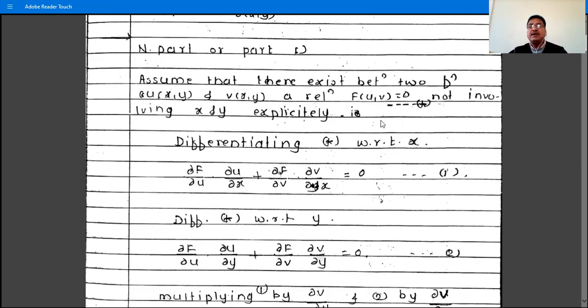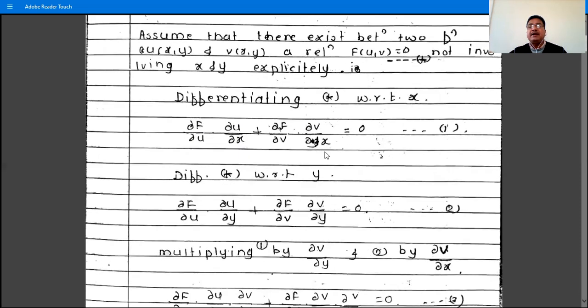The derivative with respect to x is ∂f/∂u ∂u/∂x + ∂f/∂v ∂v/∂x, and the derivative with respect to y is ∂f/∂u ∂u/∂y + ∂f/∂v ∂v/∂y. Here the diagram is f → (u,v) → (x,y).